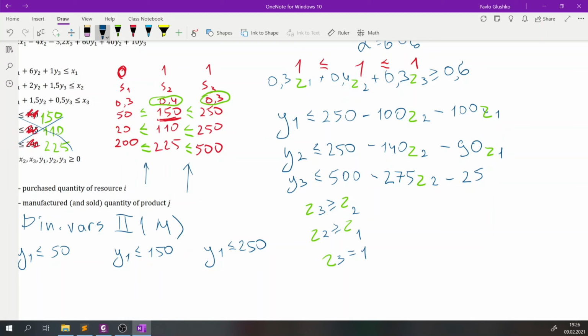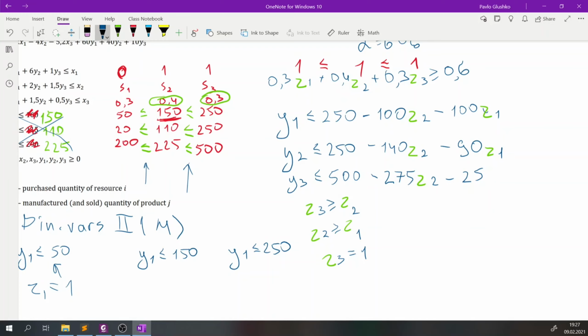Now, when we go back to the constraints, these are constraints for product 1 for 3 scenarios. And now the logic which we want to apply is that when z1 is activated, so if z1 equals 1, this constraint should be active, because that's the meaning of decision variable z1.